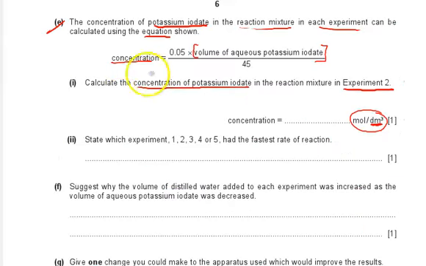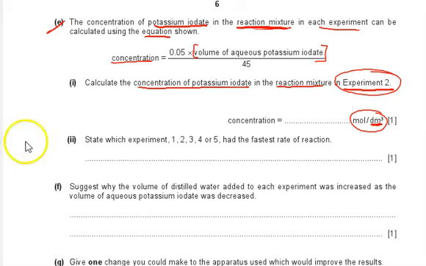Now look at the next question. We need to calculate the concentration of potassium iodide in the reaction mixture in each experiment using the equation shown. This is a volume. Calculate the concentration in experiment number 2.